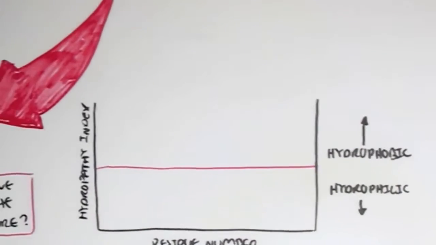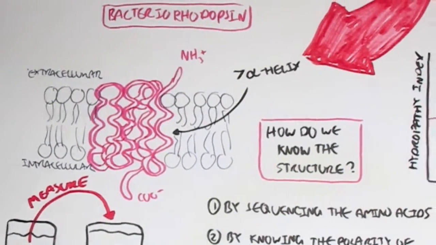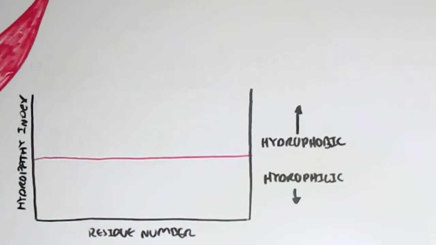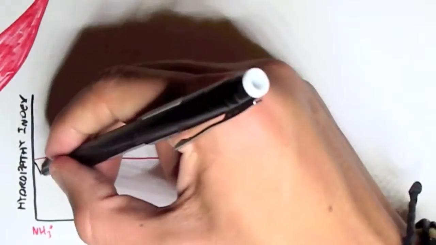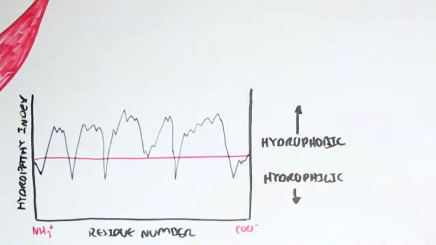So looking back at the protein structure, the bacteriorhodopsin, we can measure the hydrophobicity of the amino acid sequences within the bacteriorhodopsin and then plot it on this hydropathy plot, essentially. So the bacteriorhodopsin will look something like this, from the amino group to the carboxyl group.